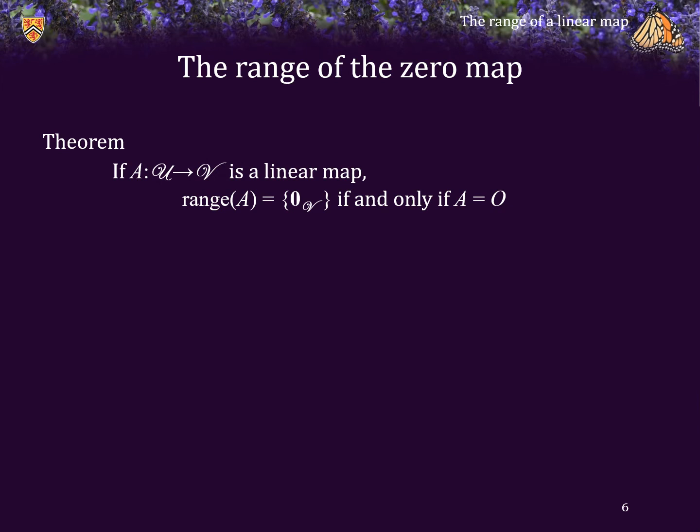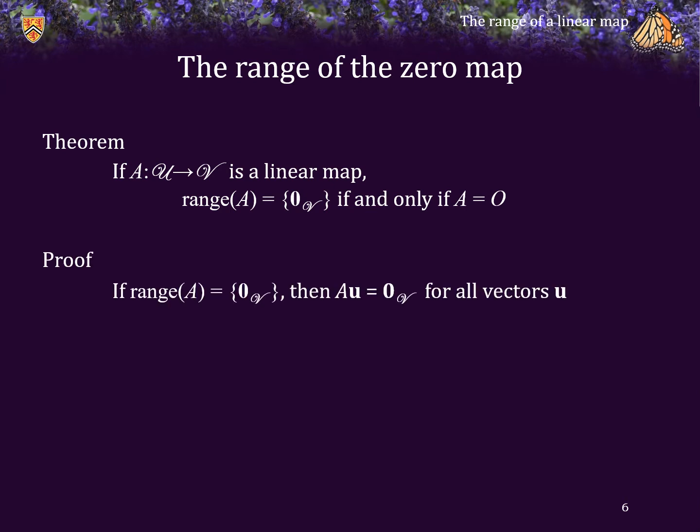Theorem. If A mapping a vector space U onto a vector space V is a linear map, then the range of A is equal to just the zero vector if and only if A is the zero map. Proof.